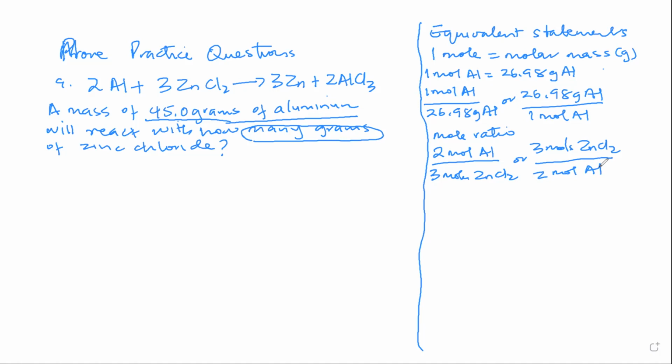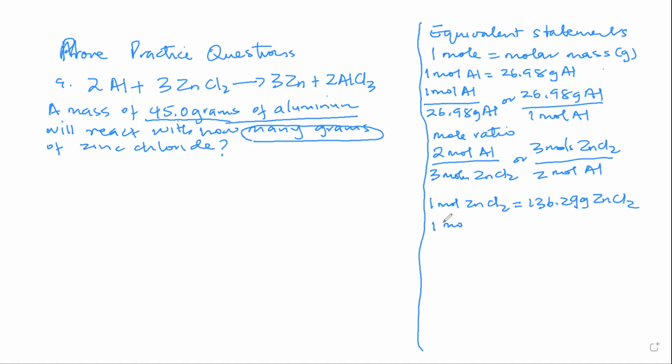Now, we have to go to grams of zinc chloride, which will be 1 mole of zinc chloride equal to the molar mass, 136.29 grams of zinc chloride.